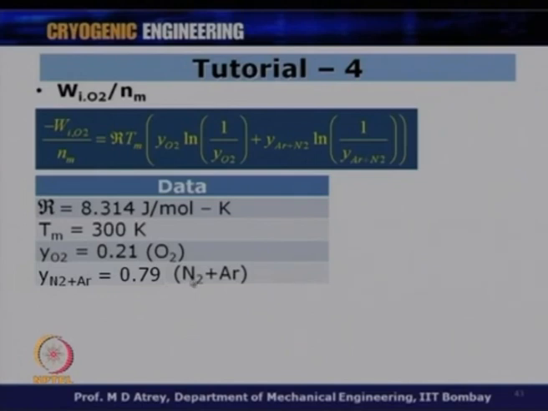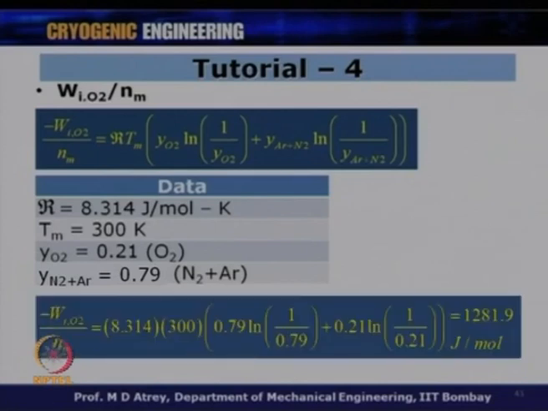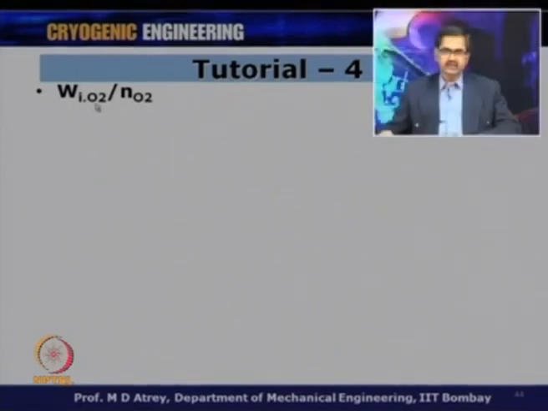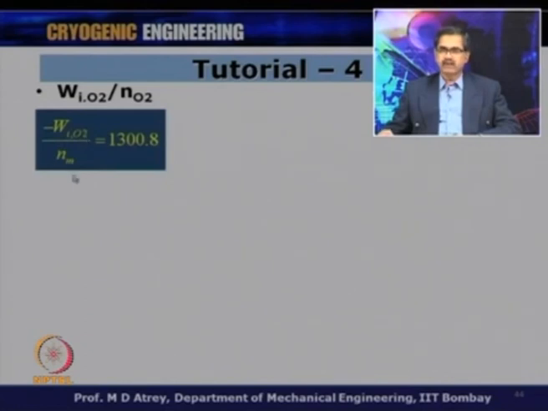Putting those values over here, I will get the work of separation of oxygen per mole of mixture. And now, I can convert the same to find my work of separation of oxygen per mole of oxygen.